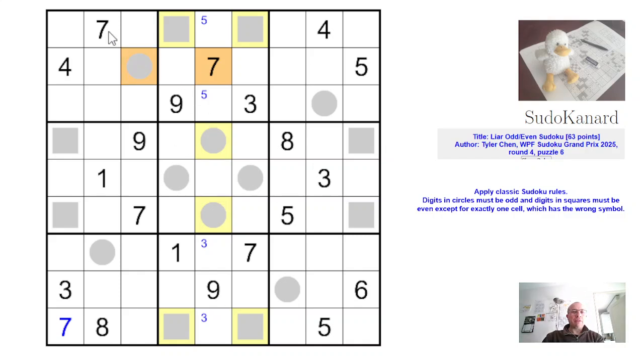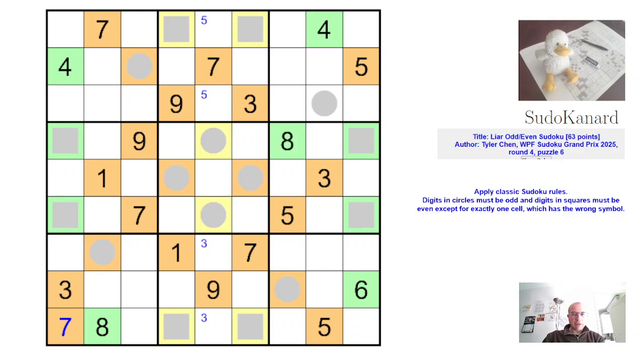So I will use orange for odd digits because orange starts with O. So odd digits will be painted orange and even digits will be painted green. I think I did things correctly.